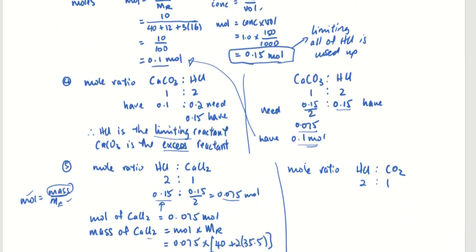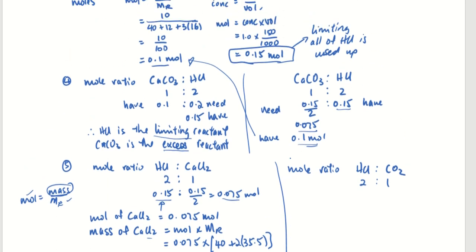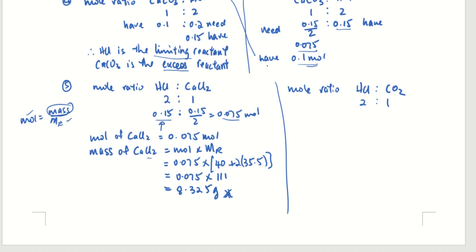Okay, so since we know that there was only 0.15 mole of hydrochloric acid, 0.15 mole of hydrochloric acid will produce 0.15 divided by 2 moles of carbon dioxide, or similarly it is 0.075 mole.